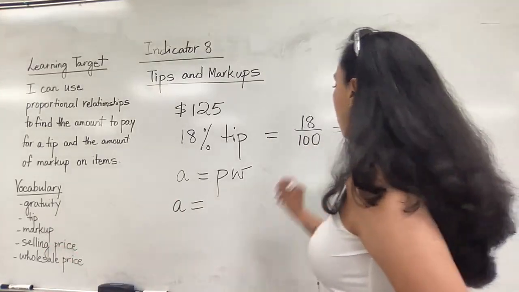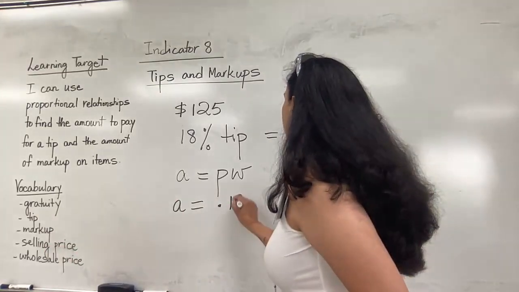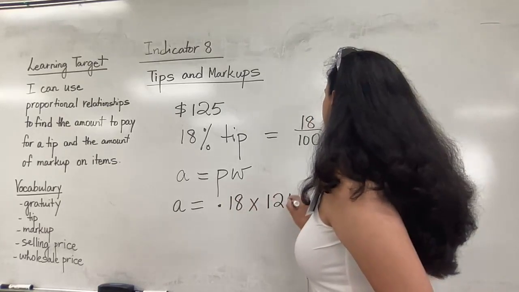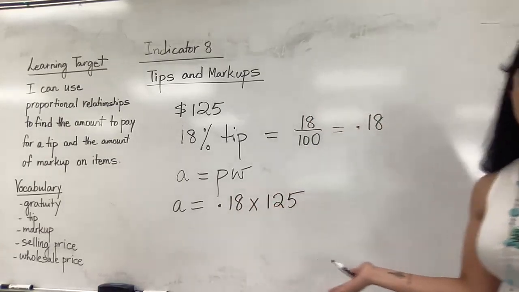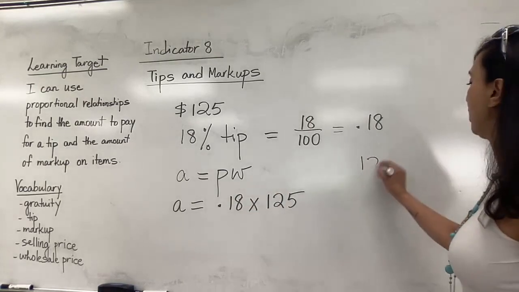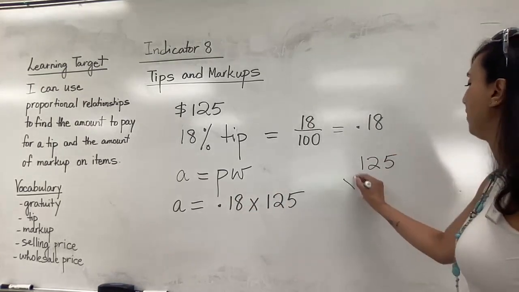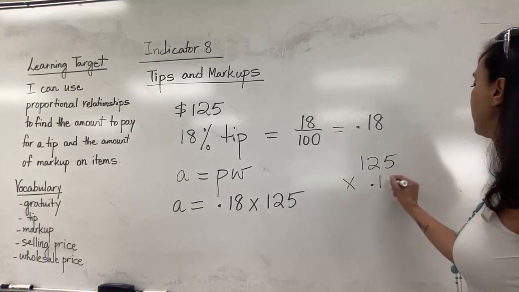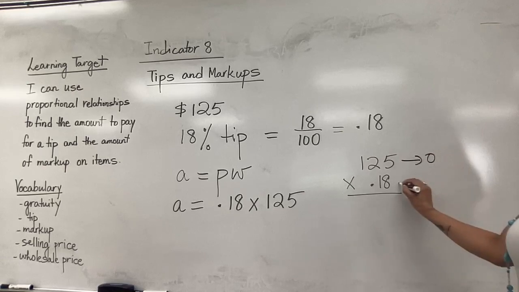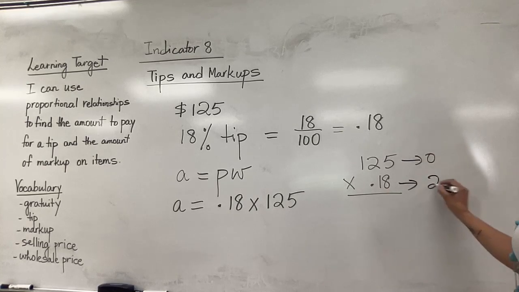Okay, so this is 0.18 times 125. So then once I have it set up like this, it is a case of simple multiplication. So 125 times my 18% tip. Okay, here 0 digits, then after the decimal 2 digits.